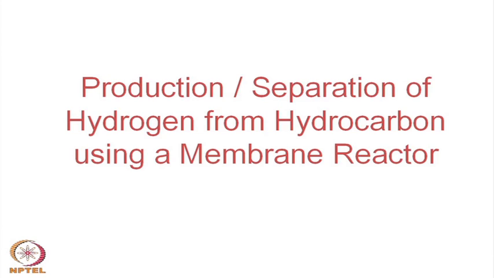basically non-porous membranes. But even then one can drive some of the species through this dense structure, as we have done in the case of a fuel cell. In a fuel cell, the electrolyte is basically a dense membrane through which oxygen can pass through, but no other gas can pass through.